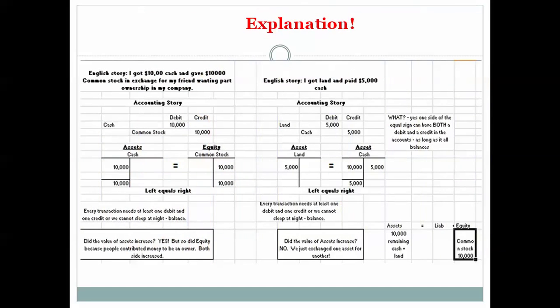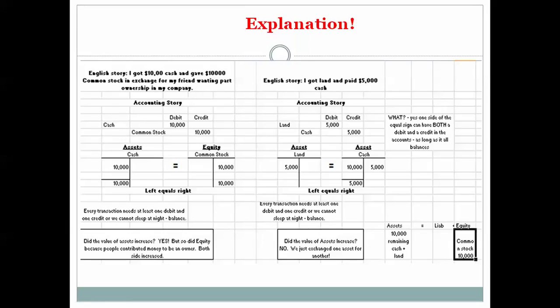So let's go ahead and take a quick explanation of this and how it would flow through. In an English story, I would say I got $10,000 cash and I gave $10,000 of common stock. Now we're always doing it from the perspective of the company. I got $10,000 cash and I gave $10,000 of common stock in exchange for my friend wanting part ownership in my company.